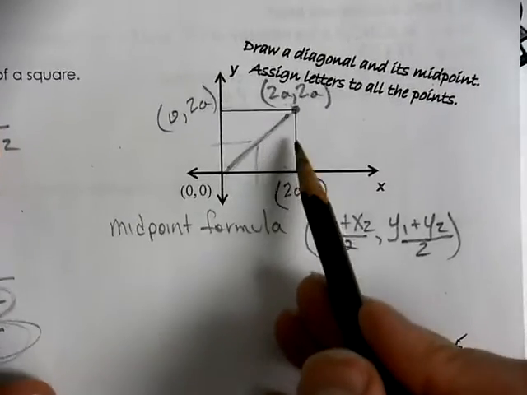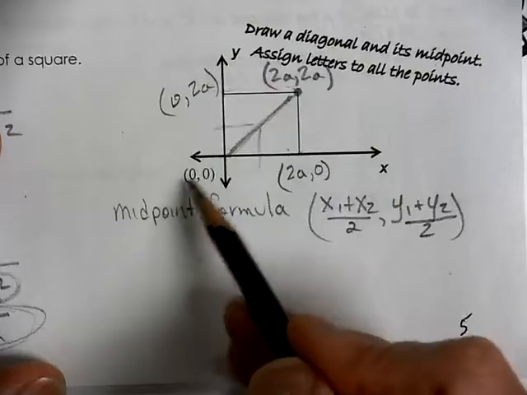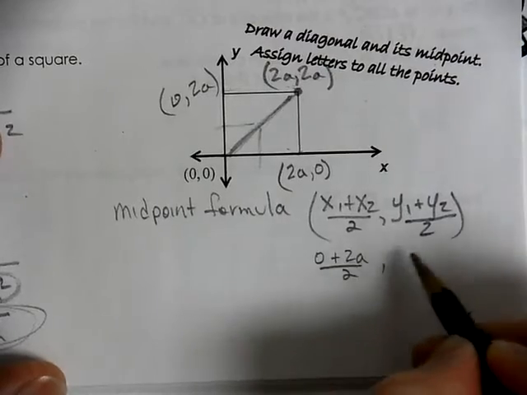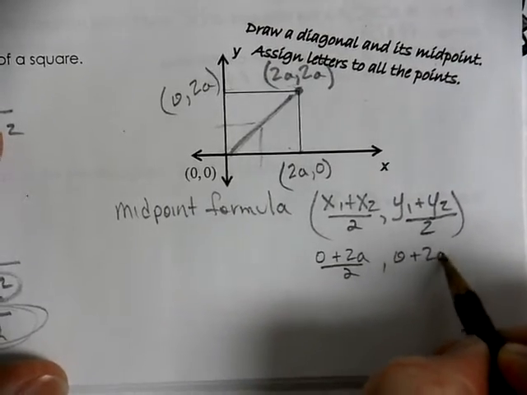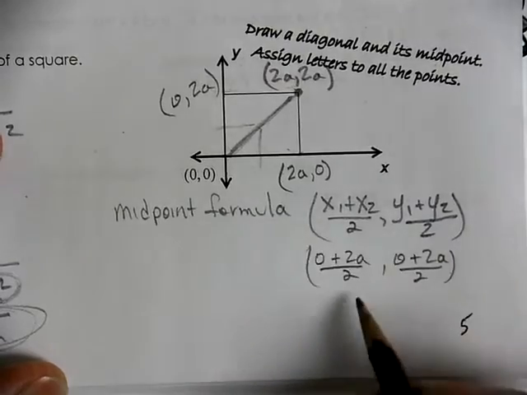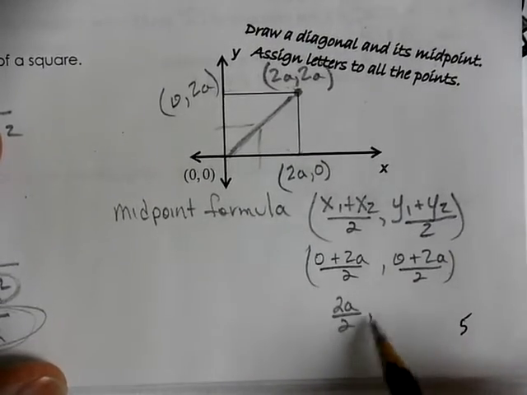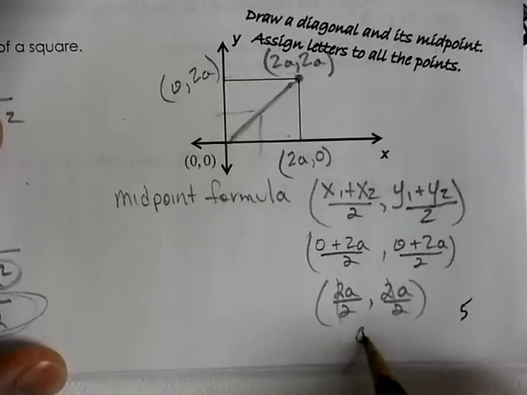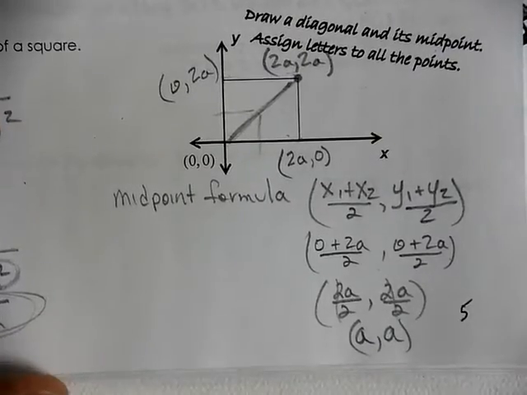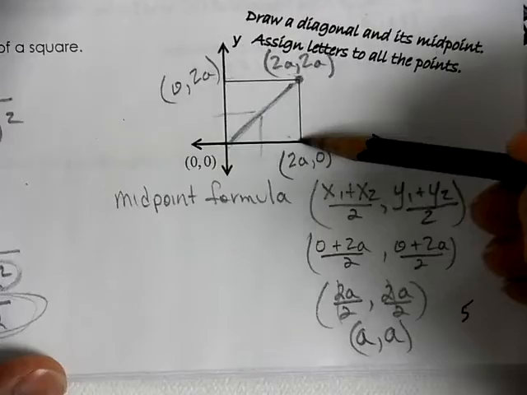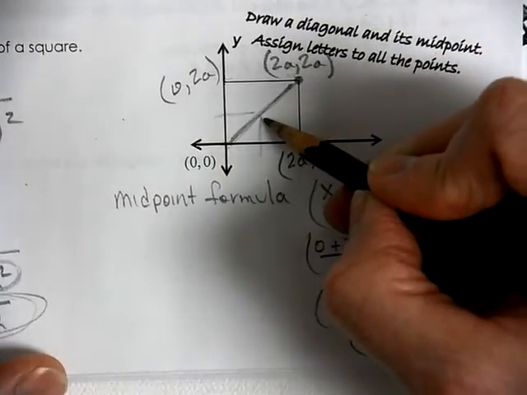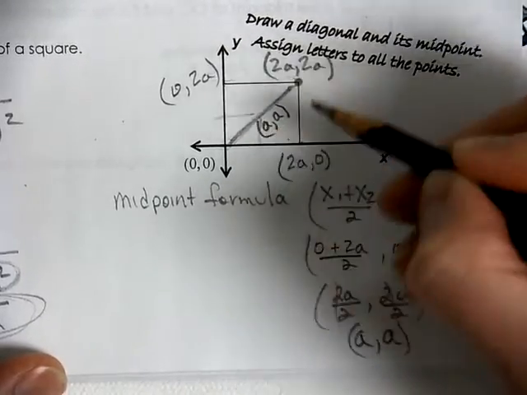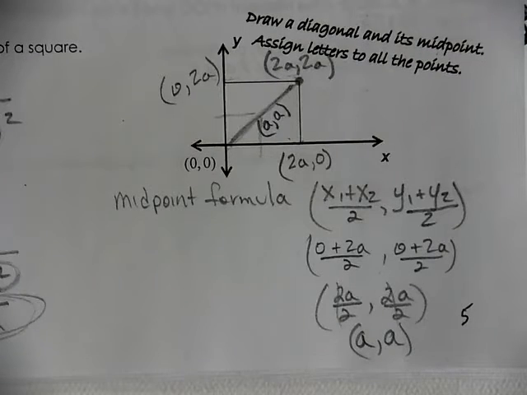So again, if we're using these points, the 0 and the 2a, we got 0 plus 2a, and we have 0 plus 2a. That's going to be 2a divided by 2, and 2a divided by 2. The 2's cross out, so we get a comma a as our midpoint, which should make sense because we're half the distance over to 2a, which is 1a, and we're half the distance up to 2a, which is 1a. So that's a comma a.